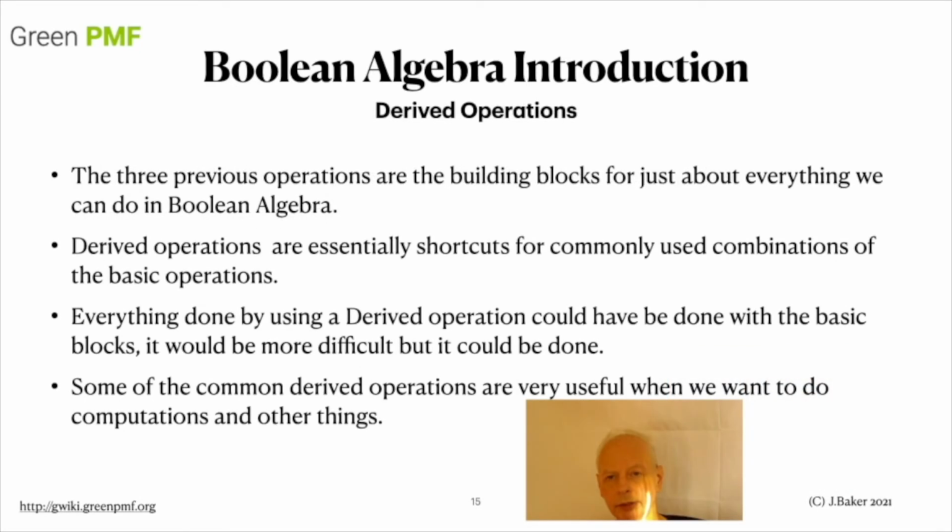As I've just said, they're used for convenience. They're shortcuts. And that is pretty much it. However, they are useful when we're doing computational things, and as I say, some of them can get very, very complicated. So we use them for simplicity's sake only.